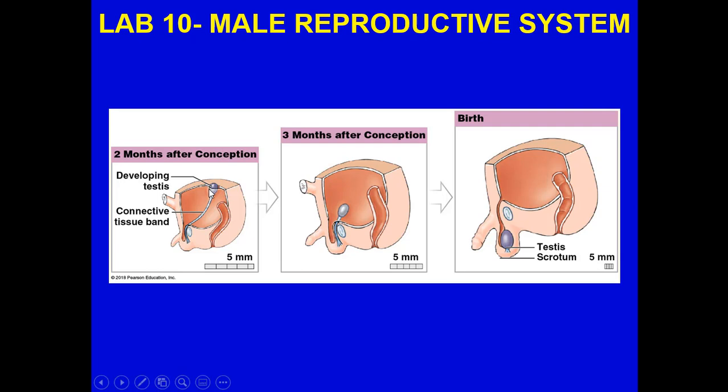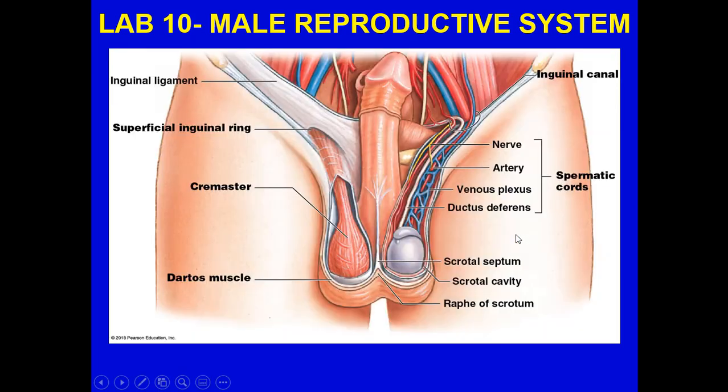Notice that it's somewhat retroperitoneal and will eventually have this connective tissue band that will lead it into that inguinal canal. So you move from 2 to 3 months and you start seeing the descent occurring, and by birth you have the descent into the scrotum.